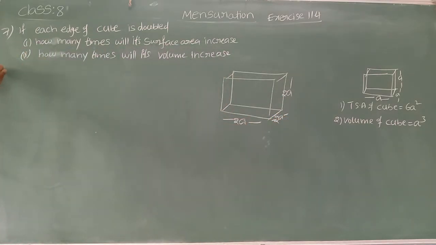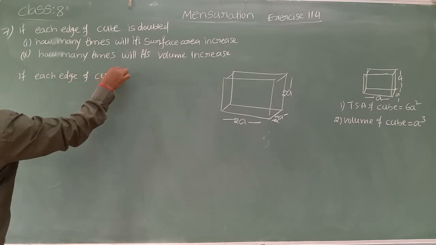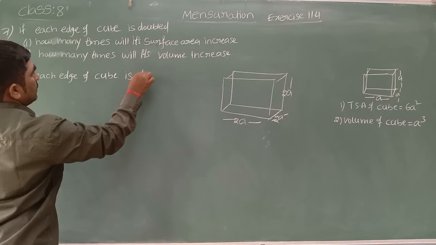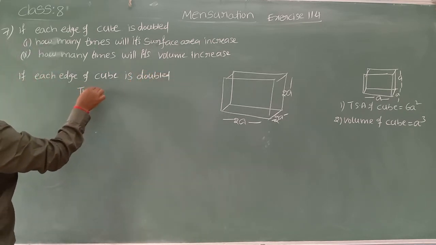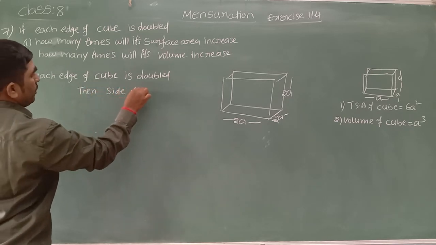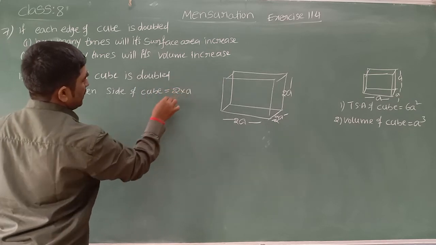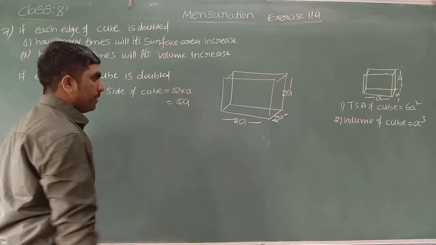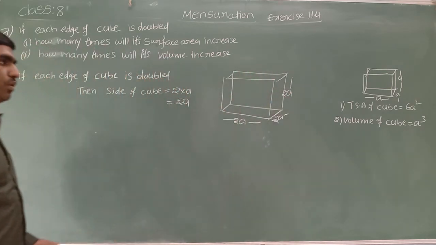So the solution: if each edge of a cube is doubled, then the side of the cube is equal to 2 into side, which is 2a. It means length equal to a, breadth equal to a, height also 2a.